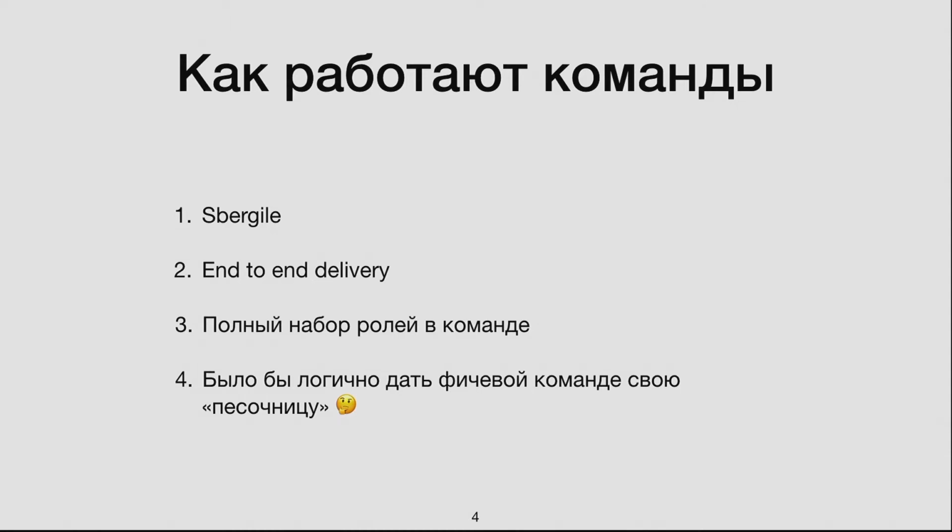why we use this type of architecture. It all depends on the way the team management process is aligned. We have Sberagile, that is adjusted Scrum. We have a team that is able to do end-to-end delivery.